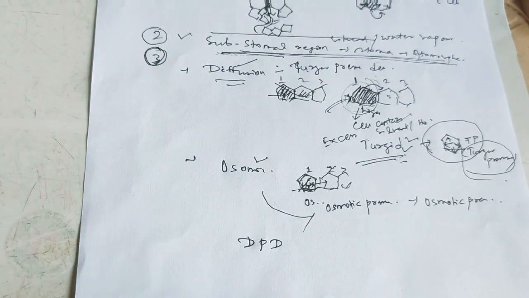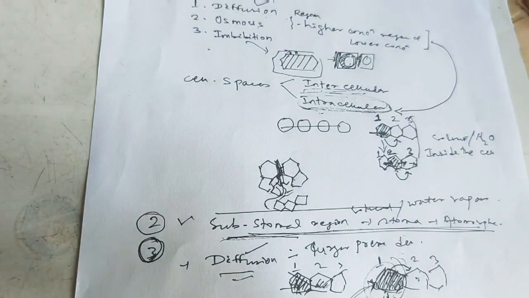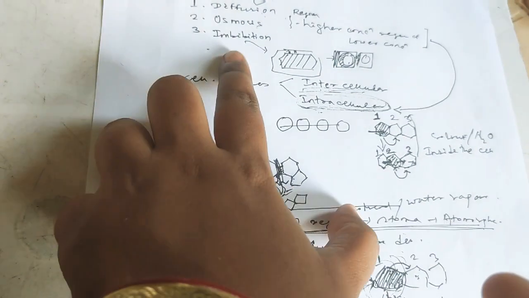So the cell simultaneously does diffusion, osmosis and imbibition, but the percentage of the process is always higher in case of imbibition.